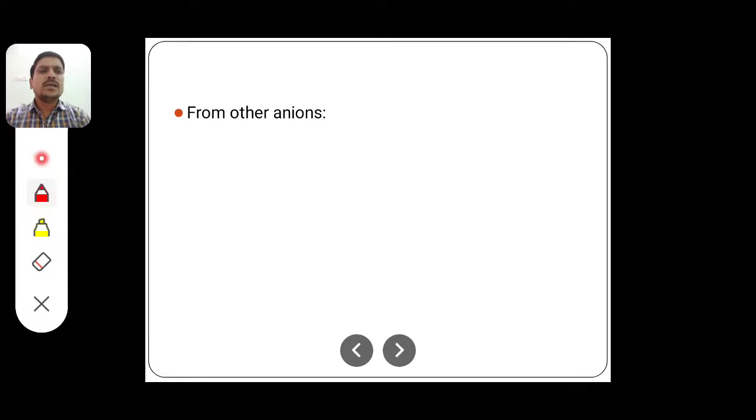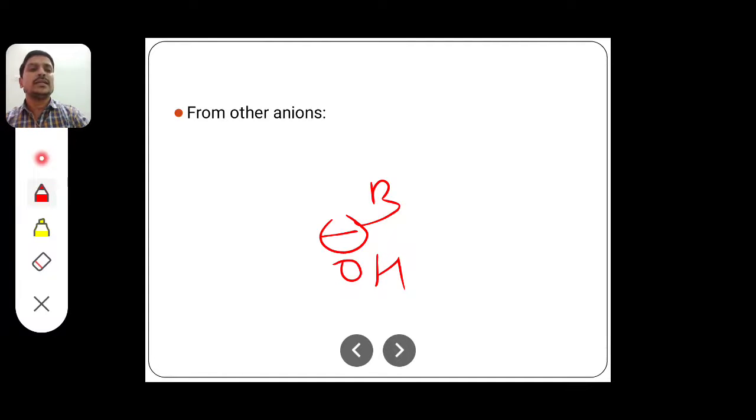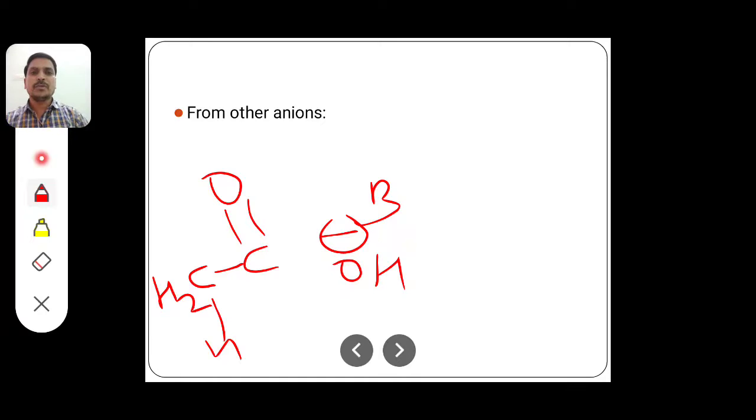Next method, from another anion you can generate carbanion. Like in the previous method we have seen, you can also discuss other examples. For example, generally a base we are using, as we have seen in heterolytic fission, any base, for example OH minus, is a base. When this OH minus is added to any organic species in which carbon carries acidic hydrogen, for example a CH3 group attached to a carbonyl group, as we have seen in aldol condensation, what happens in this case?